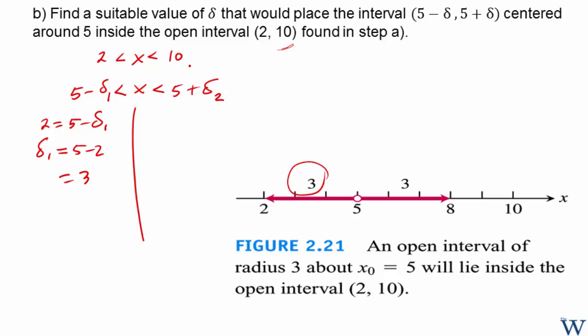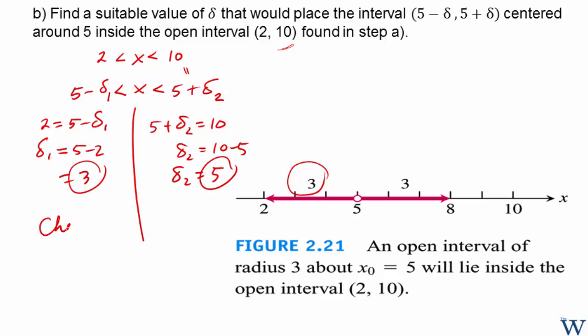And 5 plus delta 2 is equal to 10, then delta 2 is equal to 10 minus 5, therefore delta 2 is equal to 5. So choosing between 3 and 5, we take the smaller one. So we choose delta to be equal to 3.